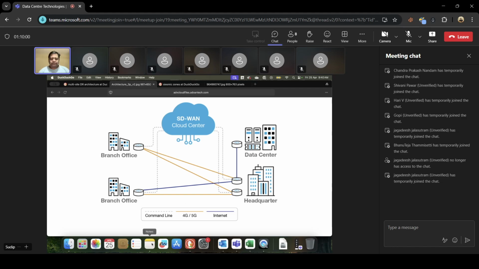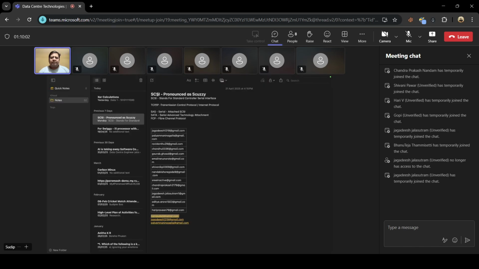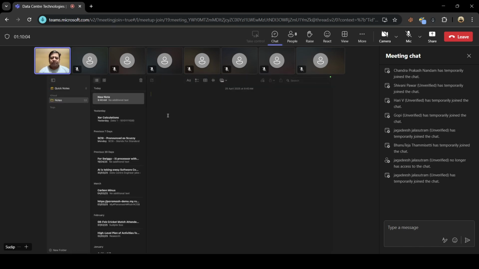So let me just talk about this. DR sites. First, number one will be near DR. Near DR means less than 500 meters.